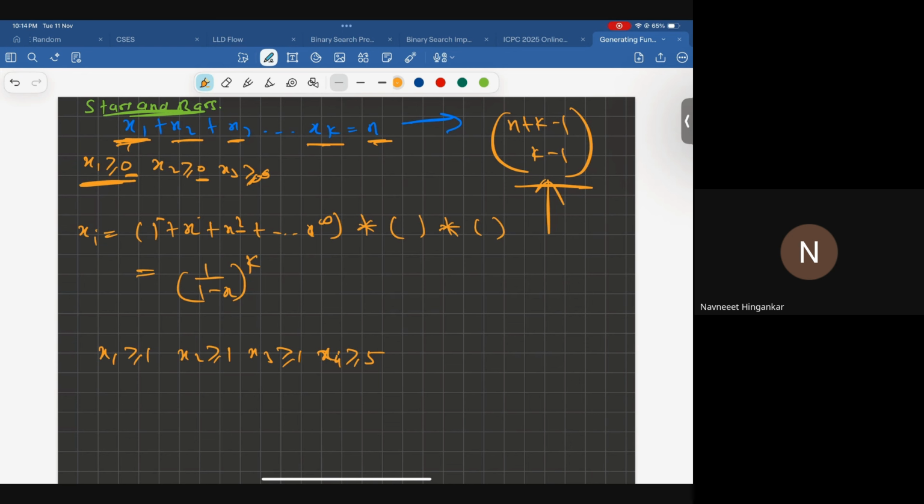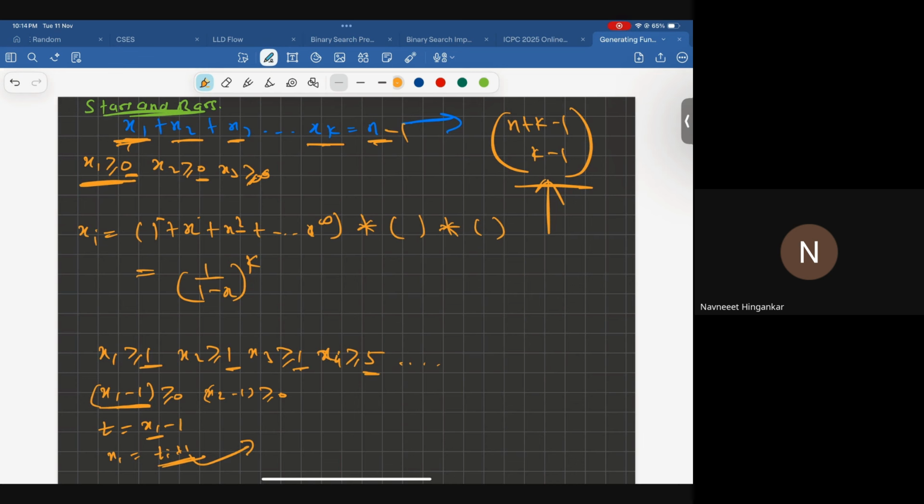If you think in terms of stars and bars, you will get very confused here. So what you could do is manipulate the equation: x1 minus 1 greater than or equal to 0, x2 minus 1 greater than or equal to 0, and put t as a new variable, ti equals xi minus 1. So xi becomes ti plus 1, and this plus 1 goes to the right side.